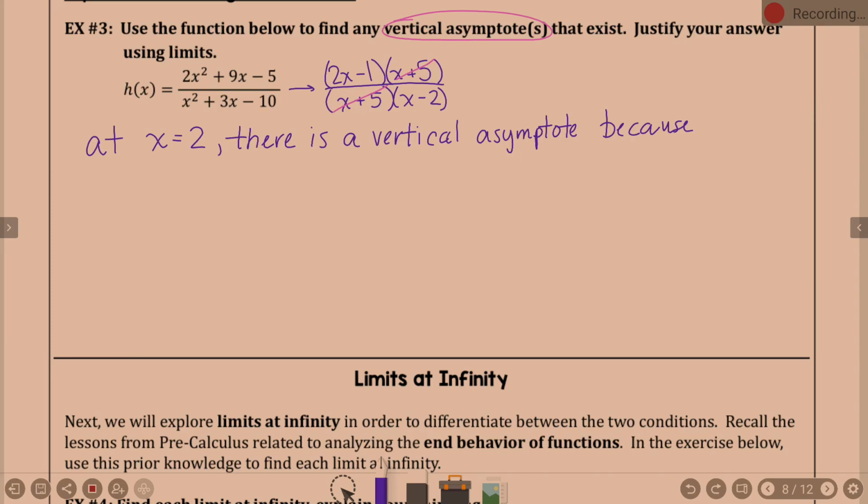Okay, we haven't found these limits yet, have we? Is this our first time working with this equation? I believe so. Okay, so we need to figure out, because the limit as x approaches, so we have to look at 2 from both sides, 2 from the left of h of x is hopefully either positive or negative infinity, and we need to look at the limit as x approaches 2 from the right of h of x is either positive or negative infinity.